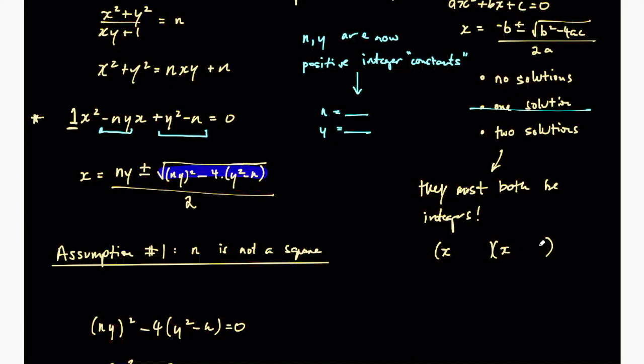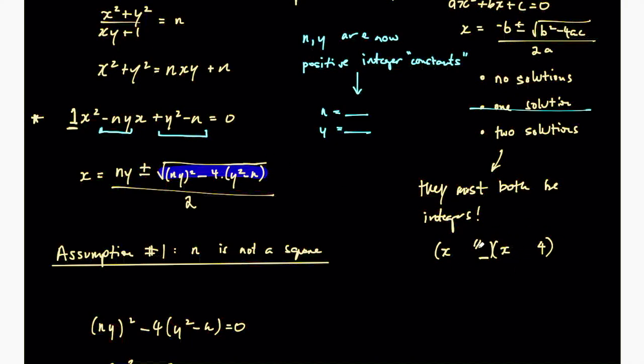And if one of the other numbers is an integer, the other number must be an integer, because the sum in here, ny, is also an integer. This is kind of why this slipped my mind, because there are so many parts to this, right? You need to look at this, ny, and say that's an integer, therefore both of these solutions are integers.